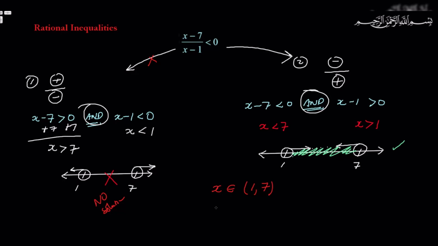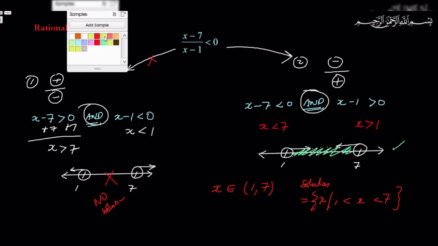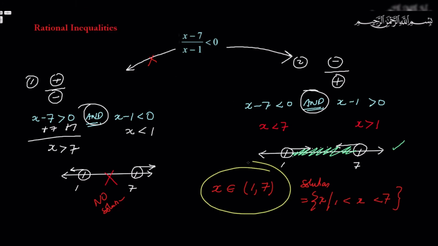You can write this in set notation too, and you can say the solution is the set of all numbers x such that x is greater than 1 and x is less than 7. So this is an "and" statement. You can combine this, and those are two different ways of expressing a solution to this original inequality.